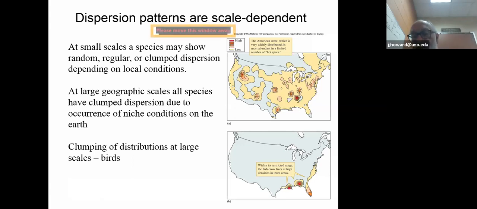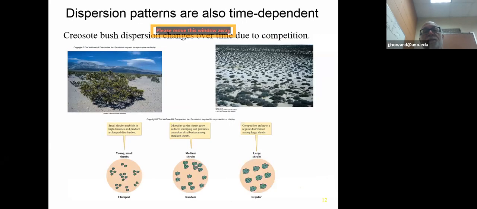And I'm sorry, you'll have to see that Louisiana is kind of a hot spot for fish crows. But it's clearly an aggregated pattern. Now, if you go into any of these areas where they do occur, you may get regular, random, or clumped dispersion. So let's finish up talking about one other thing.